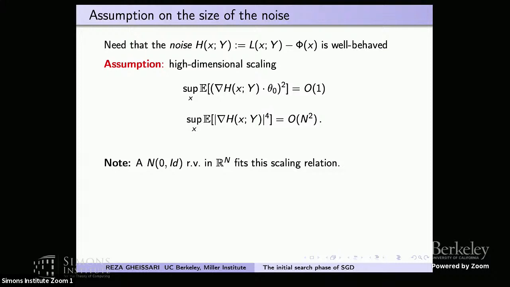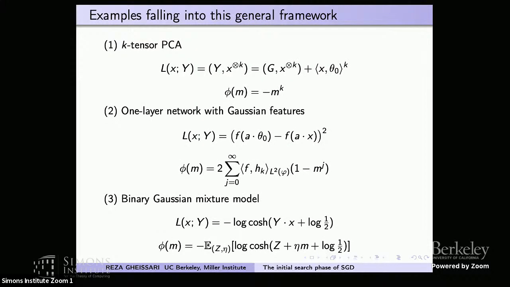Okay, so this is a high dimensional scaling where we're saying that once you subtract off this mean term, this is an uninformative landscape. It has no reason to point you towards the true parameter anymore. And again, this is a setting that's satisfied by the kinds of problems I mentioned earlier. For instance, in tensor PCA, your extra term is this Gaussian k-tensor acting on x^k, and in this case it really is just a Gaussian vector.